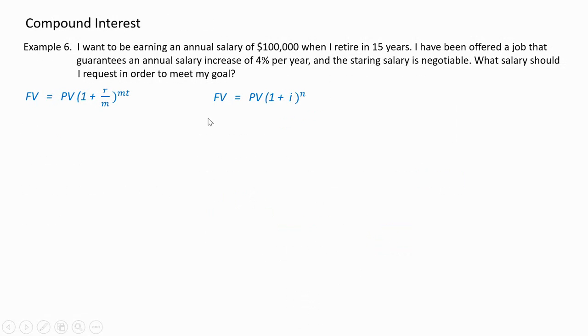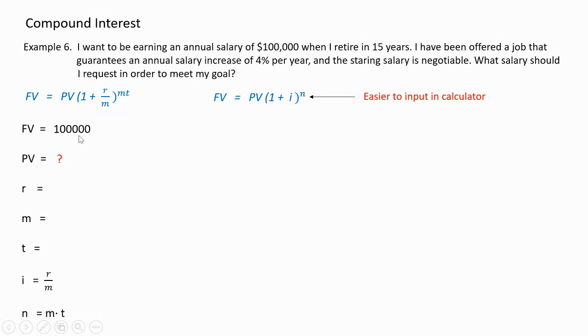There's your formula, right? There's the alternative formula, which I believe is better. Okay, so here, I want to be earning an annual salary of 100,000, right? So isn't that the future value? So we're looking for the present value. The 100,000 will be in the future, that's how much I want to be earning in 15 years.